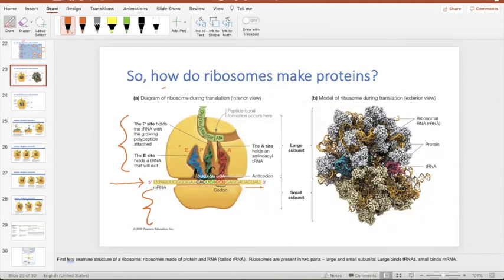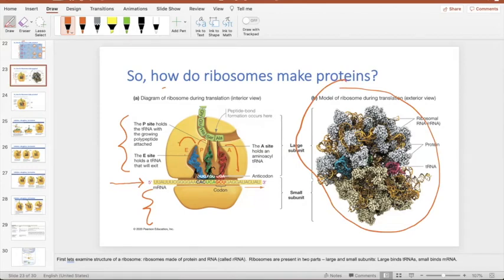You can also see there's some docking areas here for some tRNAs, and then we have a tunnel here where our new protein is going to emerge, okay? And this is just a more realistic rendering of what that would all look like up close.